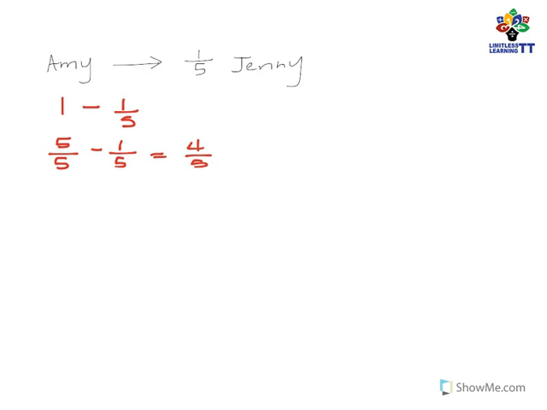So after she gives 1/5 to Jenny, her remainder is now 4/5. So Amy now has 4/5 remaining, and of that 4/5, she's going to give 1/3 of that 4/5 to Paul.